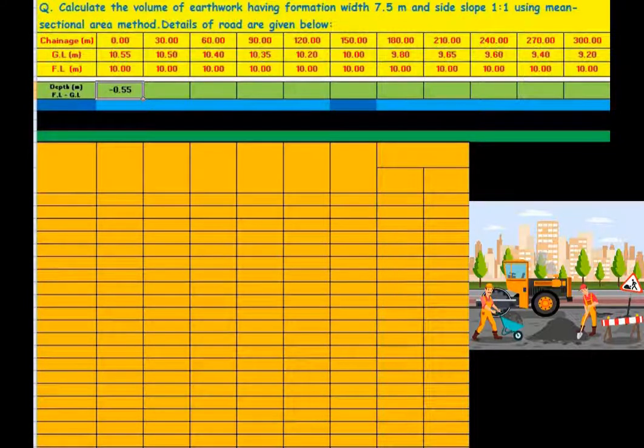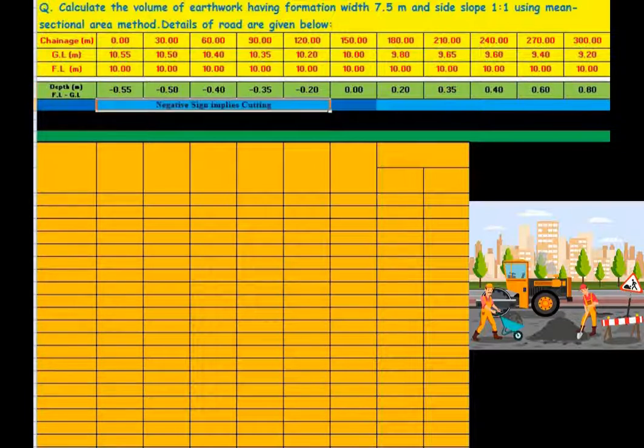Then depth at 30 meter, 10 minus 10.50 is minus 0.50, then 10 minus 10.40 is minus 0.40, then 10 minus 10.35 is minus 0.35, minus 0.20, 10 minus 10 is 0, then 10 minus 9.80 is 0.20, 10 minus 9.65, 10 minus 9.60, 10 minus 9.40 and 10 minus 9.20, which is 0.8.